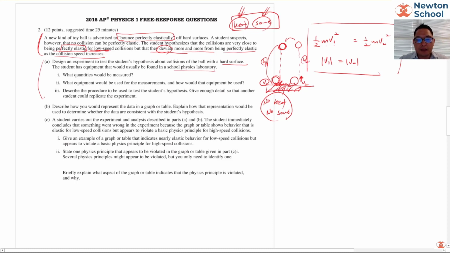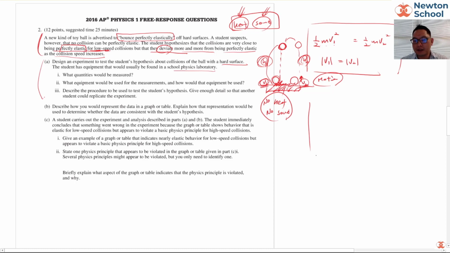These days you can use a motion sensor that directly calculates v1 and v2, or you can use h1 and h2. So what could be used? You could use initial velocity and final velocity, or initial height and final height.